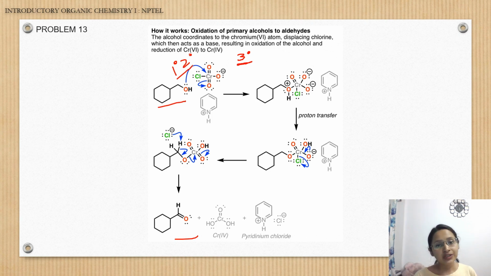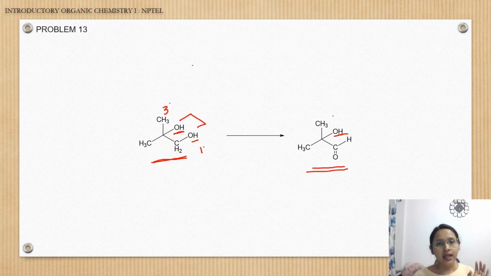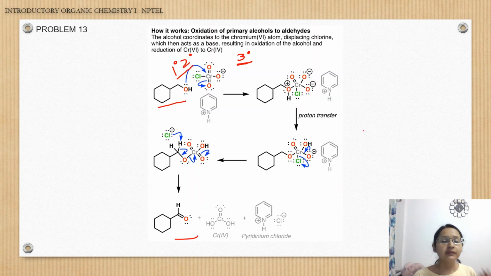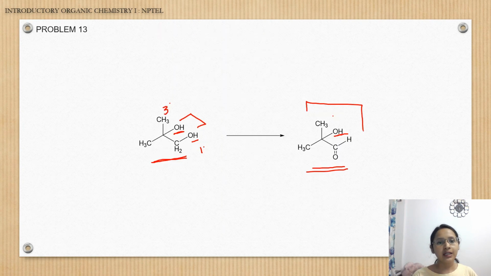With Jones reagent, the reaction is not going to give you the particular product very cleanly. It will form multiple spots, and also the yield is very low. And I am not sure whether it will form or not, right? But with PCC, you have a clear-cut selectivity between the primary and tertiary alcohol. PCC will not oxidize the tertiary alcohol but will oxidize the primary alcohol.